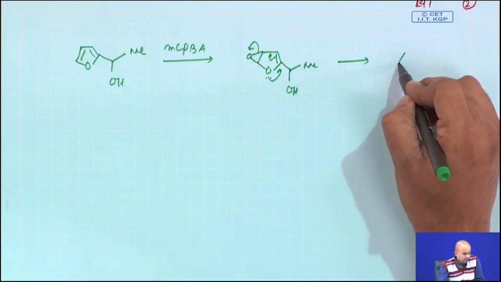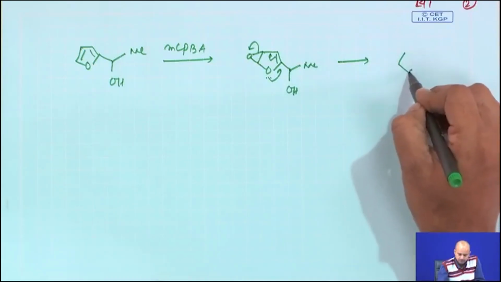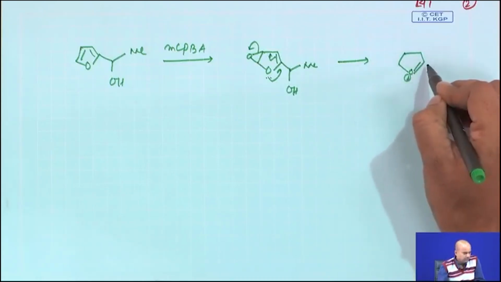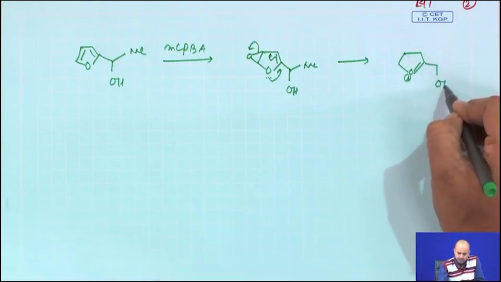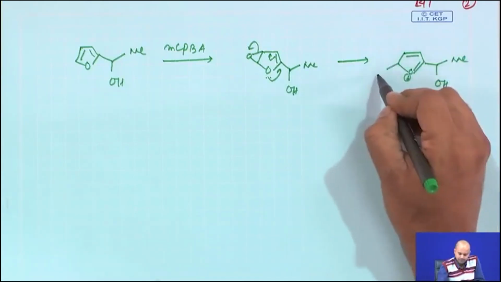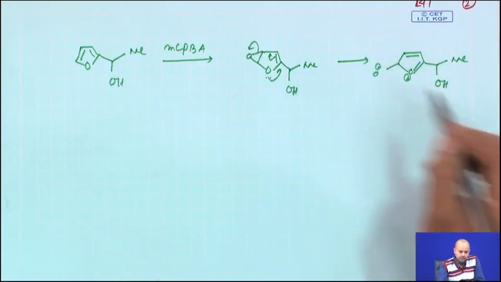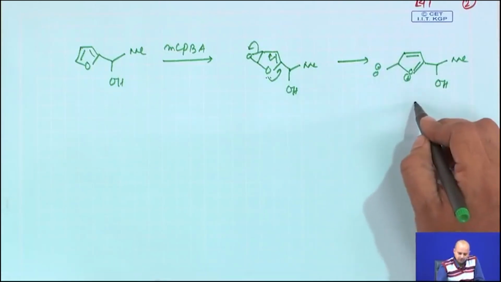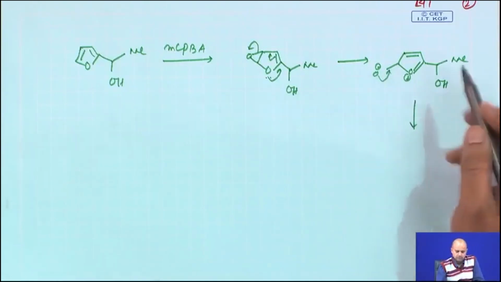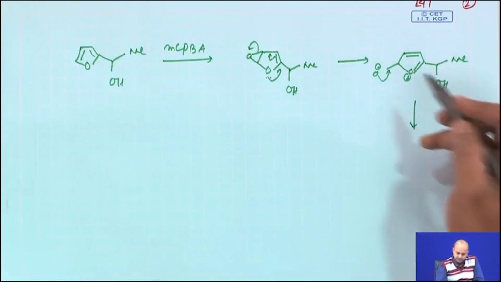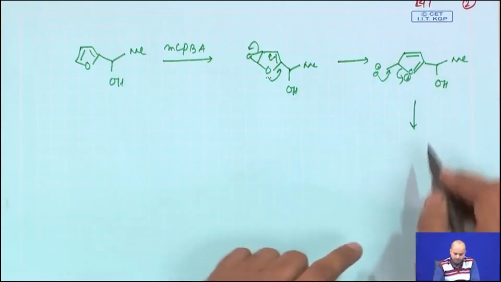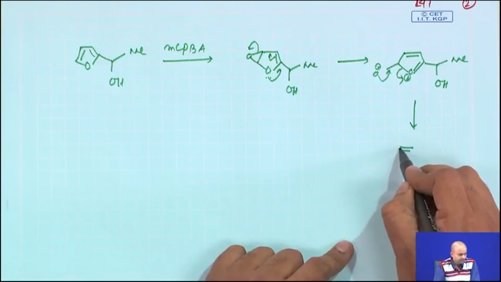to give you a species where the oxygen becomes an oxonium ion, and then you have this remaining part, your epoxide now opens up to give you an oxygen minus alkoxide. Now, this O minus helps to discharge its electrons and opens the furan ring in this fashion.